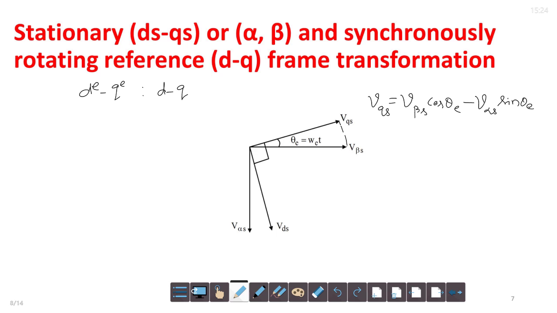Similarly, by resolving the components, we get V ds: the component of V beta S along ds is cos of 90 minus theta, so it is sin theta e, and the component of V alpha S is cos theta e into V alpha S. So, this gives the transformation from alpha beta to the synchronously rotating DQ frame, and we can get the reverse also.